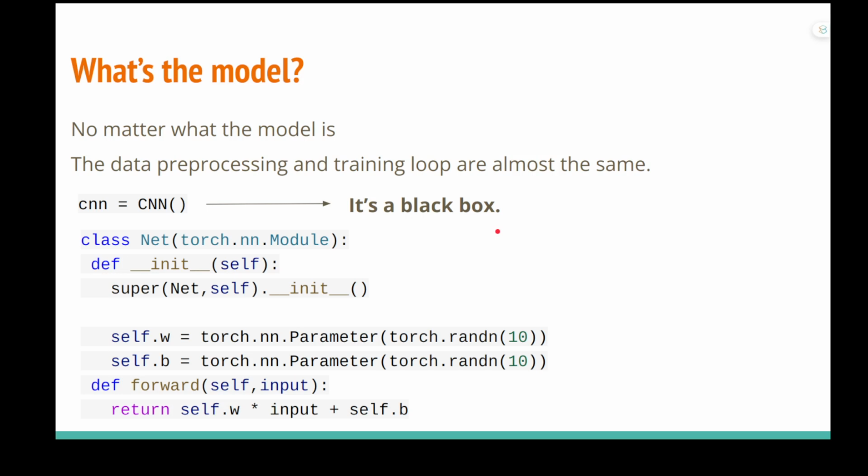Okay, so we have discussed the training loop. We know how to call the loss function and how to call the optimizer to do the job, and we know how to train the model. We know how to evaluate the model, but what's the model itself? No matter what the model is, the data precision and training loop are almost the same.